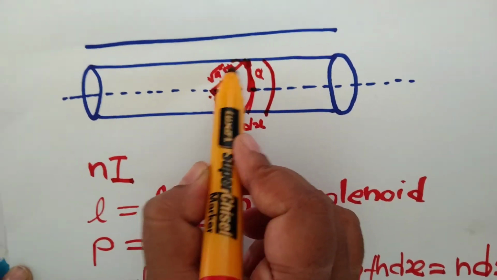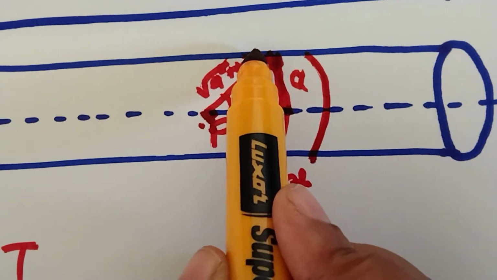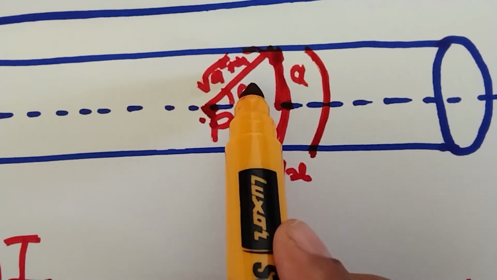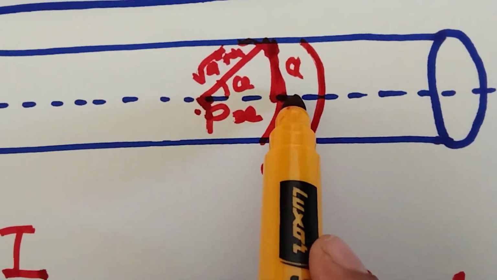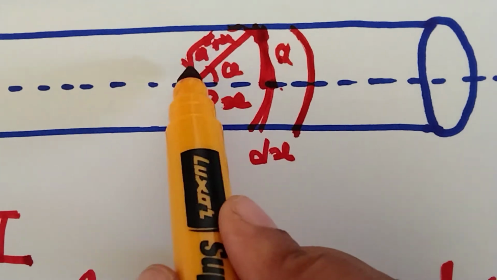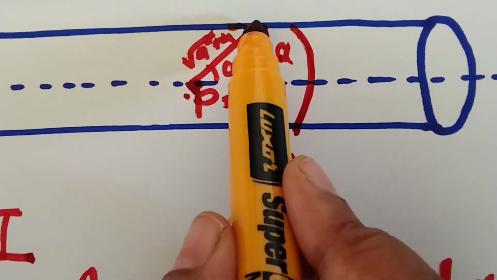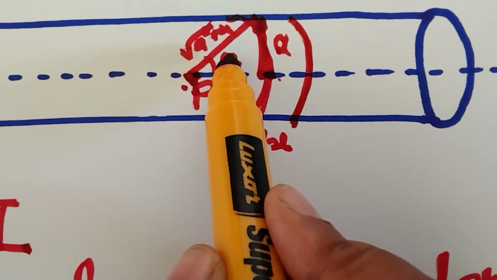Then by using the Pythagoras theorem we get root of a squared plus x squared, and the angle between them is theta.